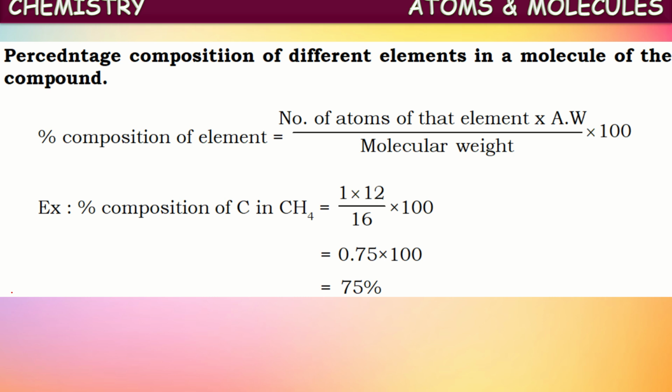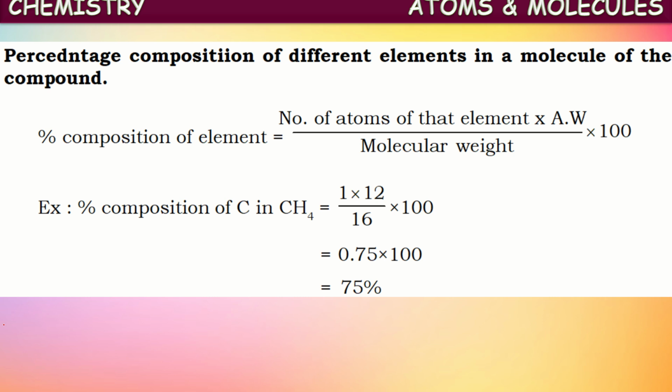That is called percentage composition of different elements present in a molecule of the compound. With the help of this percentage composition, we can write the empirical formula of the compound. That is why before writing the empirical formula, we are discussing the percentage composition of elements within a molecule.